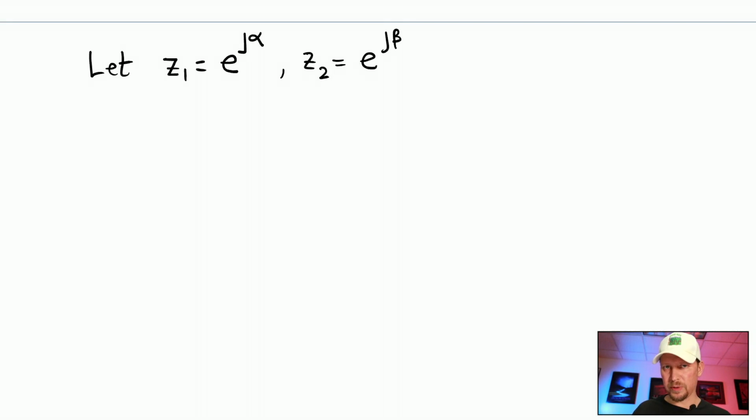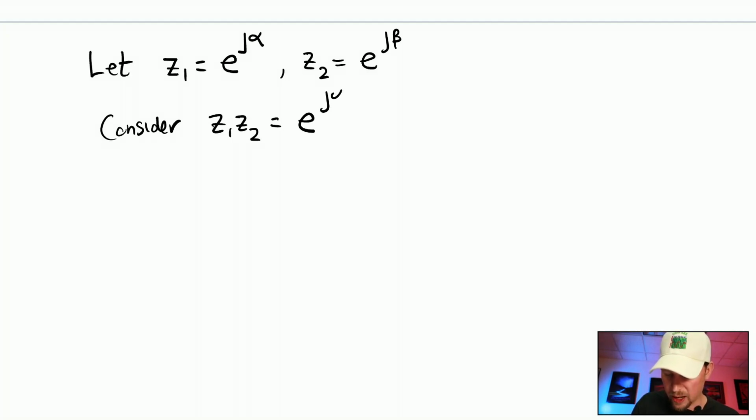On top of that, the magnitude of both of these is the same. Now, what I want you to do is to consider the product of the two. So I'm going to take a look at z1 times z2. So I can take e to the j alpha times e to the j beta, and I can actually combine what's in the argument like so.